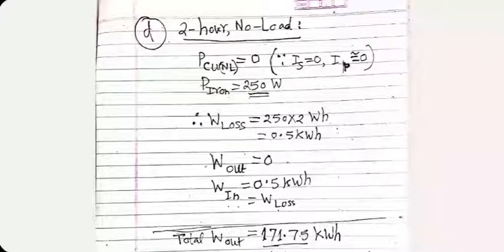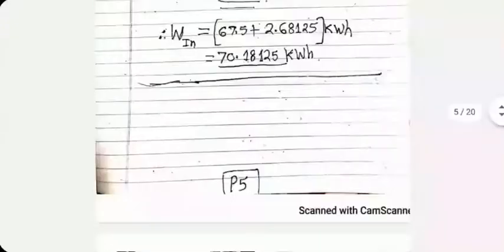Only iron loss will continue to be there. So W loss is iron loss in watts multiplied by the number of hours, which is 2. So energy loss is 0.5 kilowatt hour, and that is also the energy input because there is no energy output in the no load case. So I put that fourth entry also.